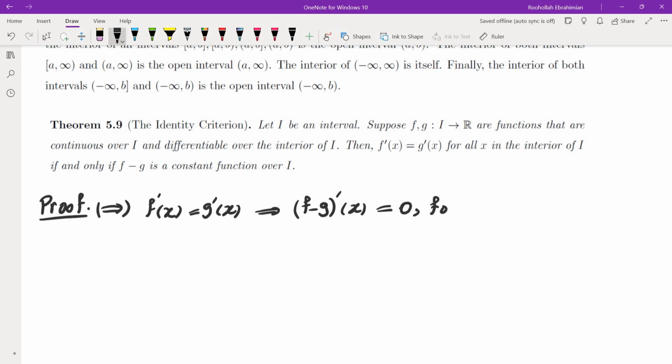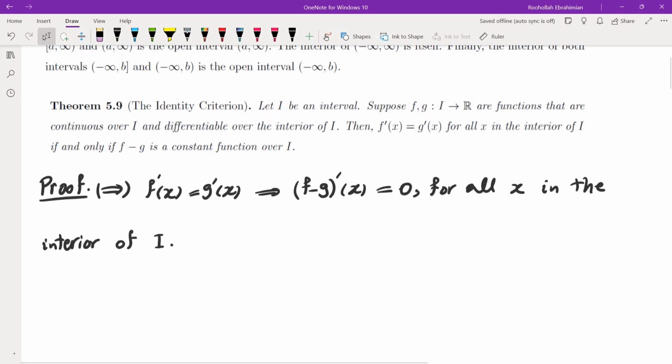And this is for all x in the interior of I. Okay, so for simplicity let's call f minus g h. What I want to show is that f minus g, which is h, is a constant.